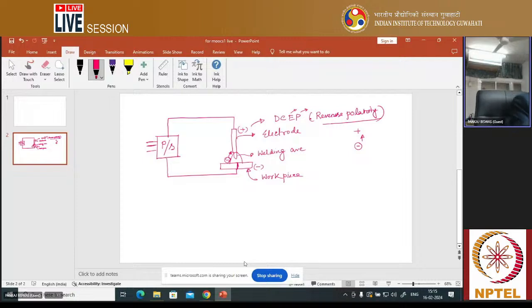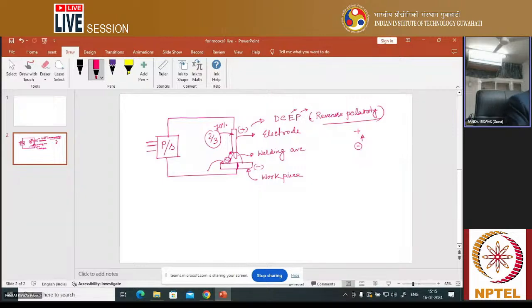Due to this, more heat is generated in the electrode. In this case, around two-thirds, or around 70%, of the total heat is generated in the electrode, and in the workpiece also some heat is generated. This heat is generated because it is the negative terminal.